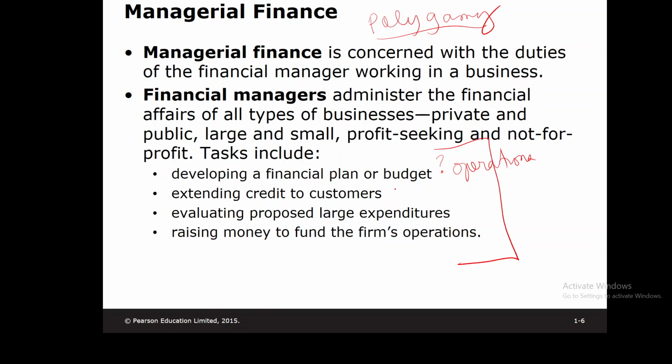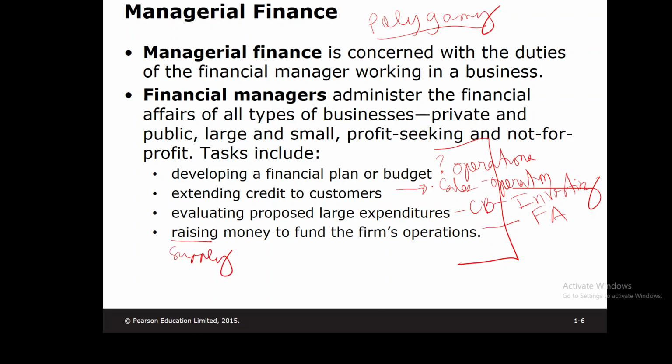Extending credit relates to sales, so operations still. Evaluating proposed large expenditures is in capital budgeting, so that would be investing. Raising money is financial, because raising is supply.